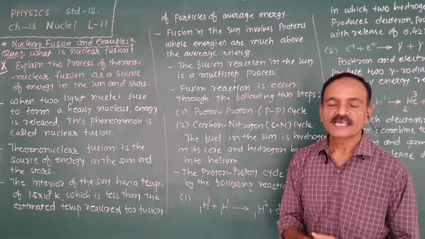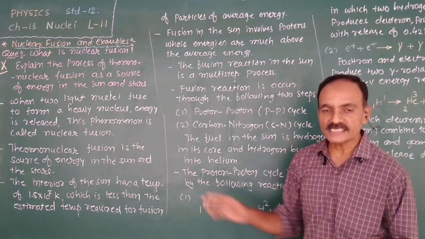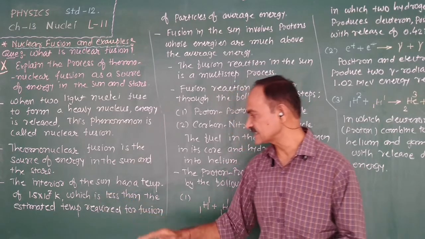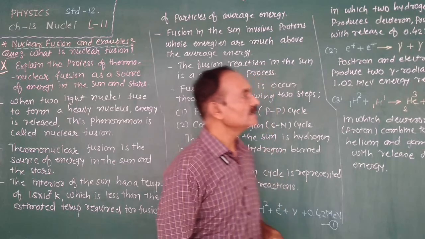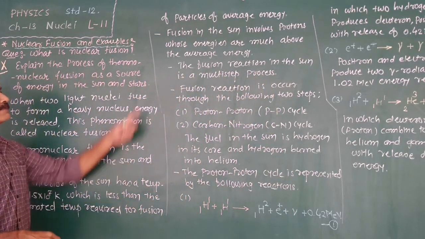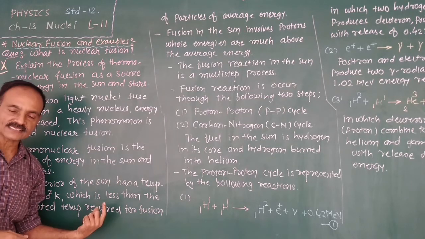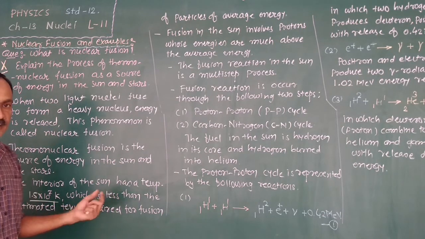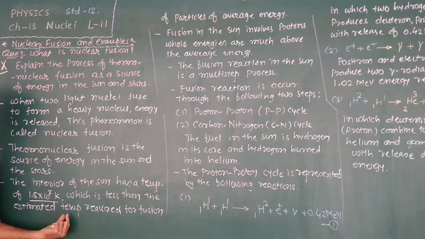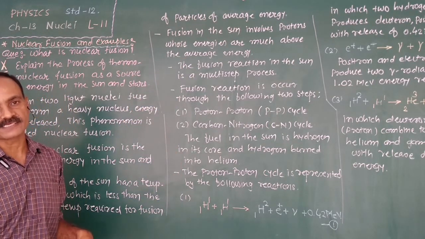The interior of the sun has a temperature of 1.5 × 10⁷ Kelvin. This value is less than the estimated temperature required for the fusion of particles of average energy. Inside the sun, the temperature is 1.5 × 10⁷ Kelvin, which is lower than the average temperature required for fusion of particles of average energy.